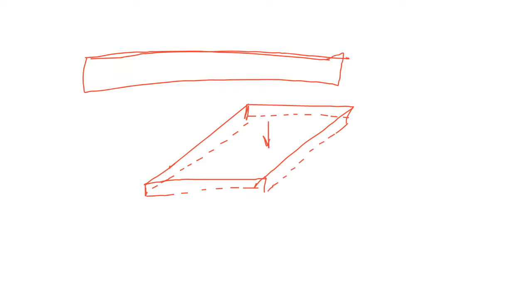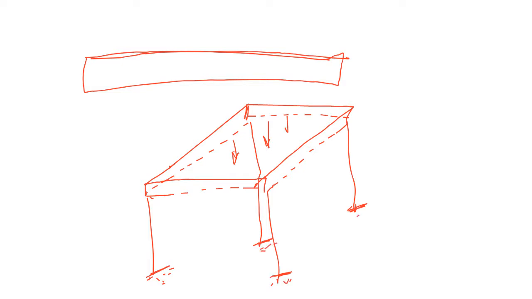So whatever load is acting on the roof, that load will transfer to these beams, that is at the corner, at the ends of the roof, and then they are supported over the columns like this. So the load from the roof goes to the beam, and from the beam it goes to the columns, and then columns are supported over the foundation, and under the foundation there is soil or ground. It will transfer finally to the ground. So the ground must be strong enough to take the load. So this is called beams.